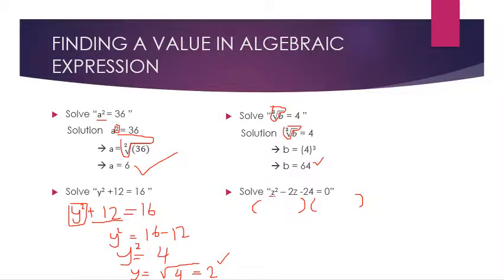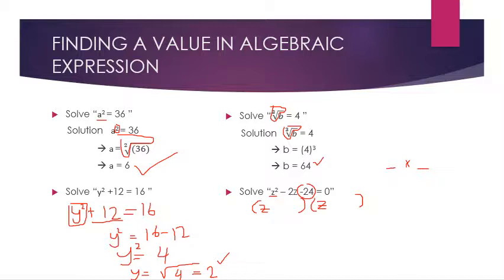First, to find z squared, you have to find a letter or a number that makes something multiplied by something equal to z squared. In this case, it's z multiplied by z. And to get minus 24, you have to find two numbers that when you multiply them, it becomes minus 24.